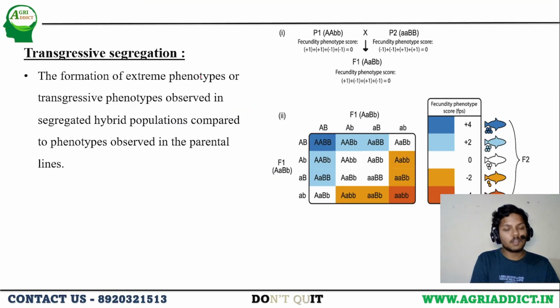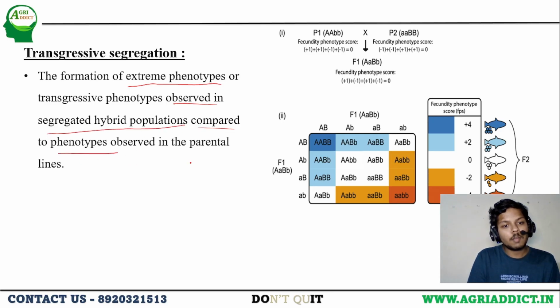And the next one is transgressive segregation, meaning formation of extreme phenotypes observed in segregated hybrid populations compared to the phenotype observed in parental lines. Let me explain.